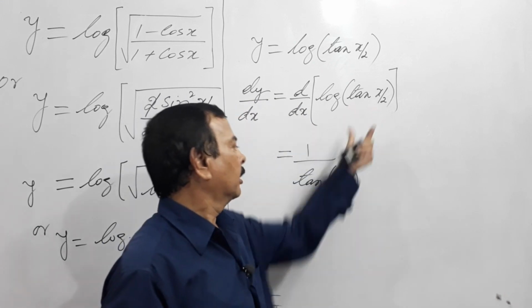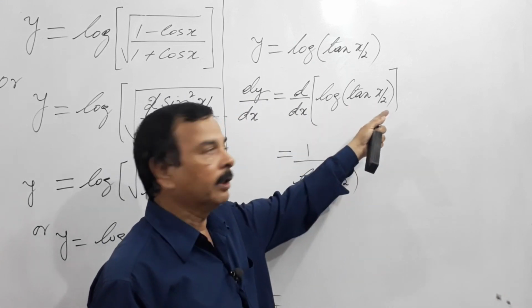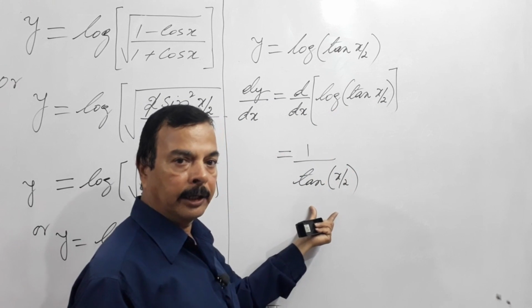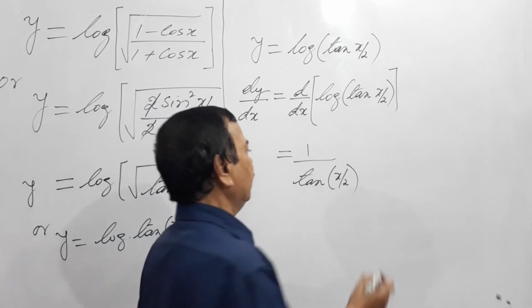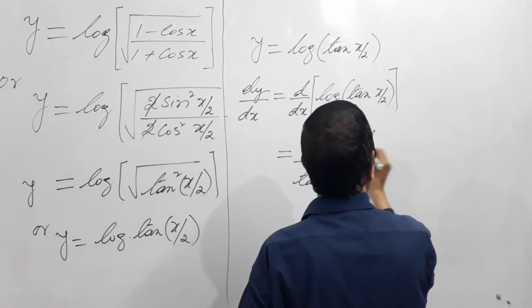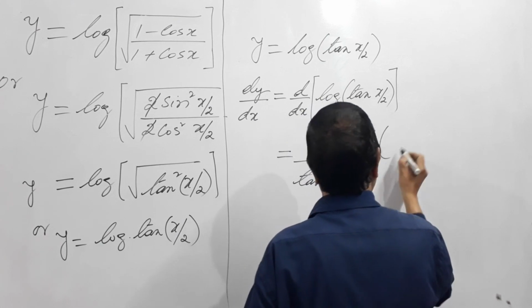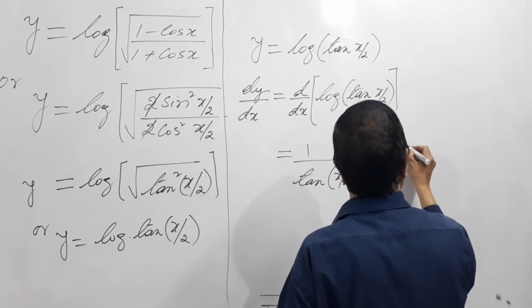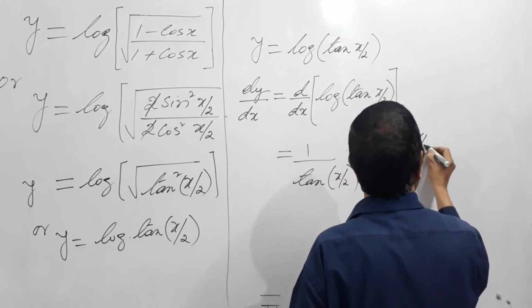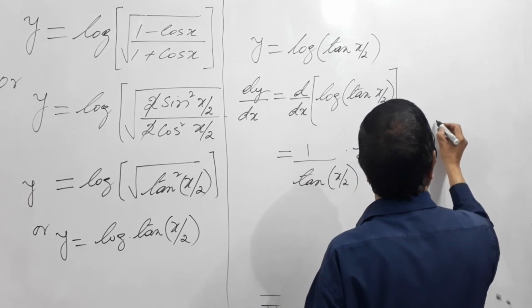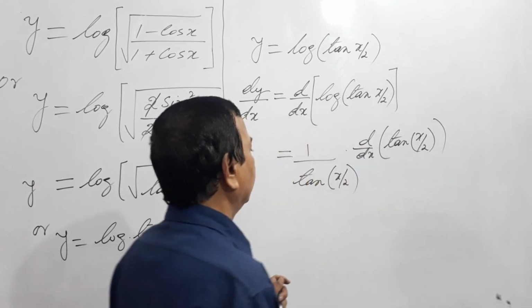Whatever we have associated with log, we get that in the denominator, and the differentiation of it, d by dx of tan x by 2. Done.